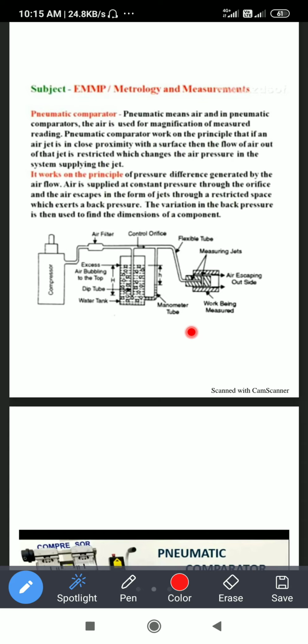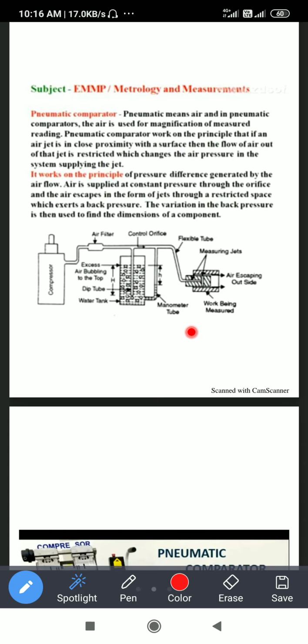Whether the workpiece is in the minus or in the plus, that difference is measured by this back pressure. Now let us see by the diagram how the back pressure is used for comparing the standard with the workpiece.